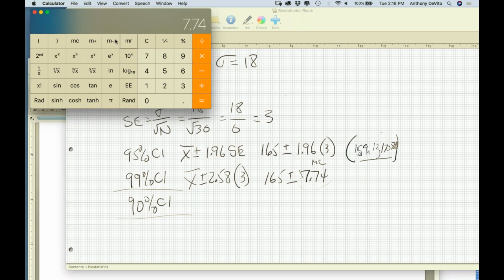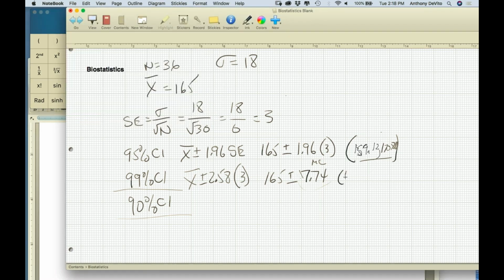Okay, memory plus 165 minus memory is equal to 157.26. Good. Okay, and I see somebody else calculated the upper limit, which turns out to be 172.74. Excellent. Good. I think you guys are starting to get this, right?